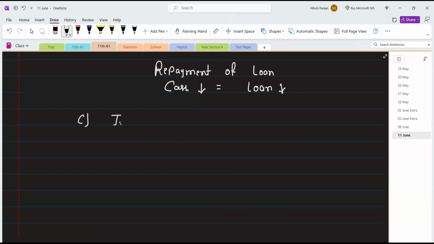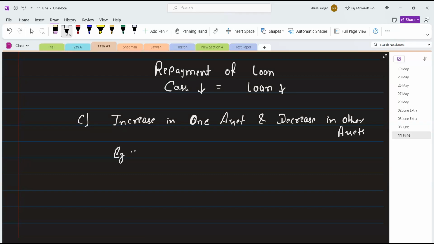Now see, increase in one asset and decrease in other asset. For example, purchase goods for cash.